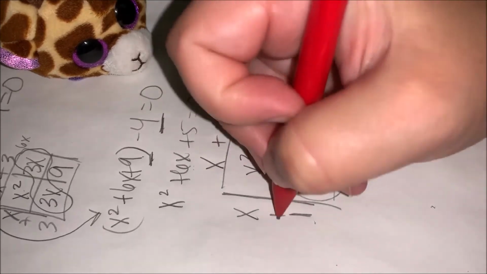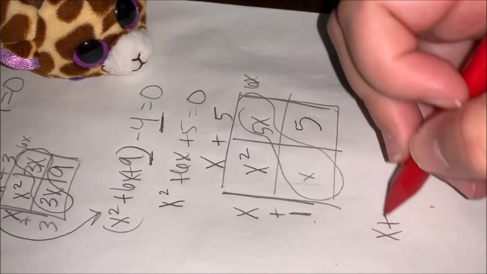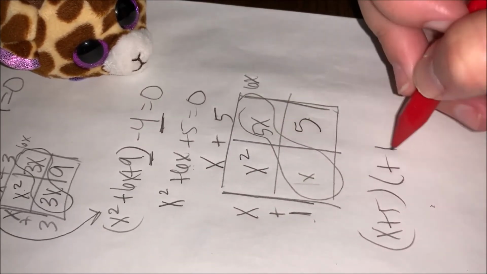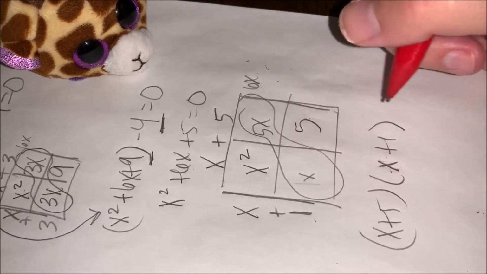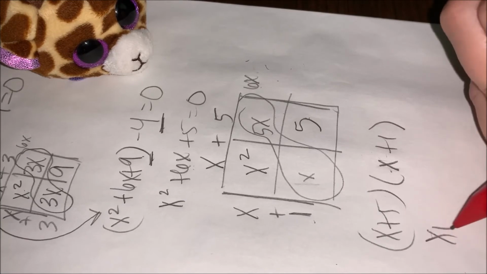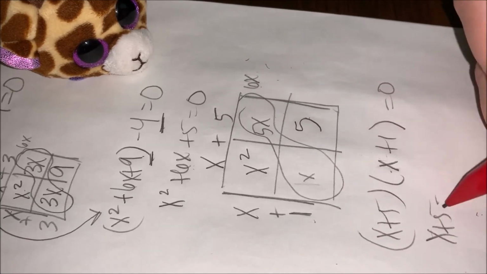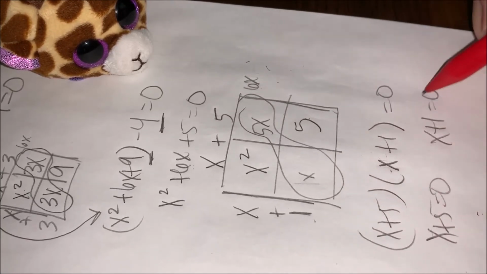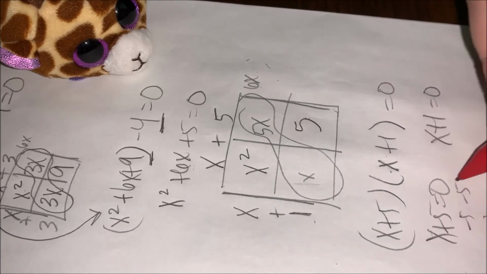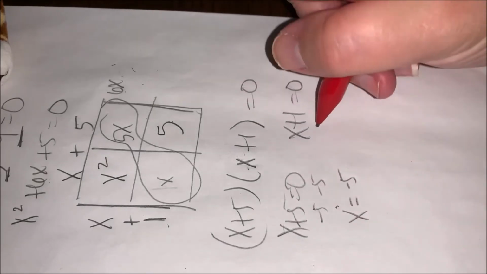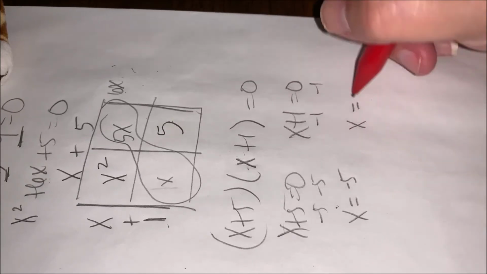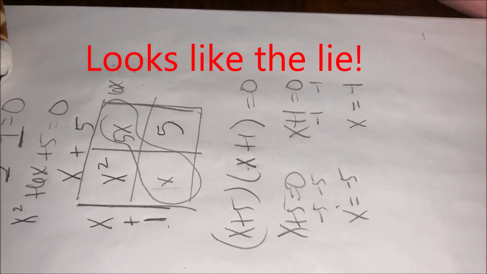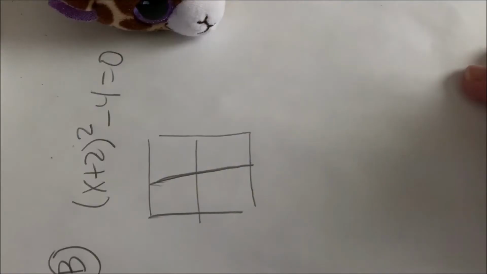Okay, so let's rewrite this. I have x plus 5, x plus 1. Oops, that should be an x. It's kind of sloppy. Okay, so x plus 5 equals 0, x plus 1 equals 0. So x is negative 5. And another root is negative 1. True or false?